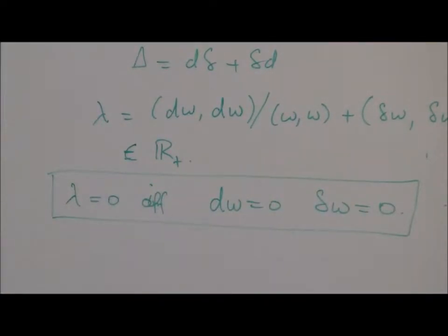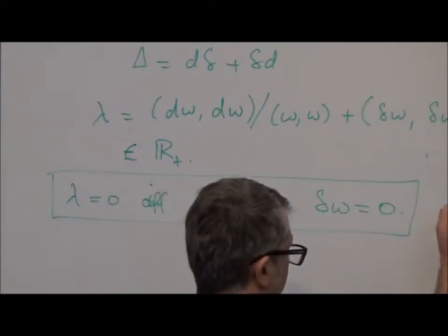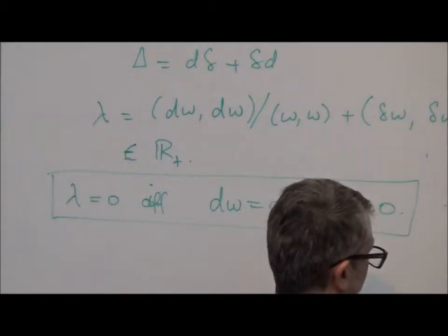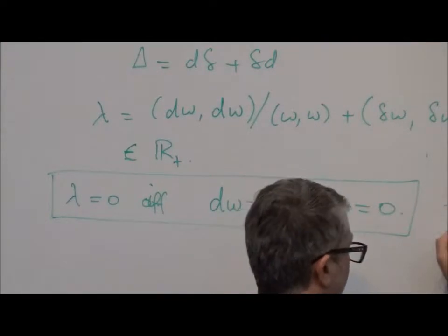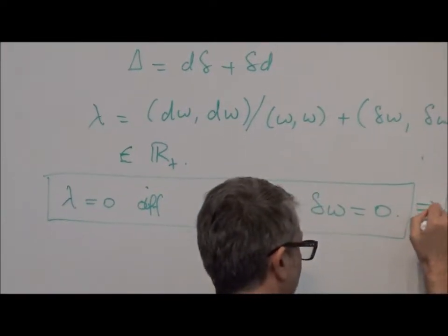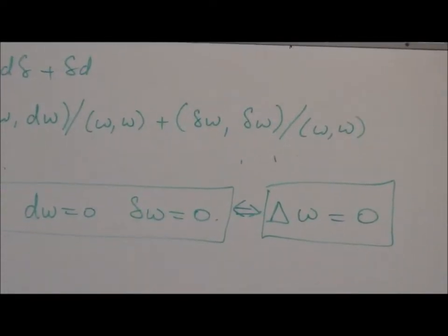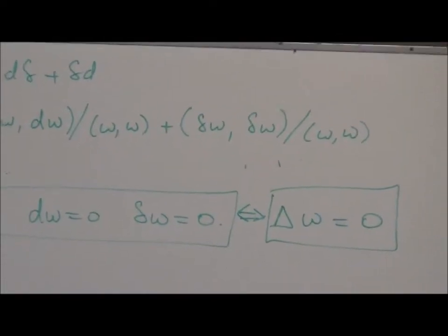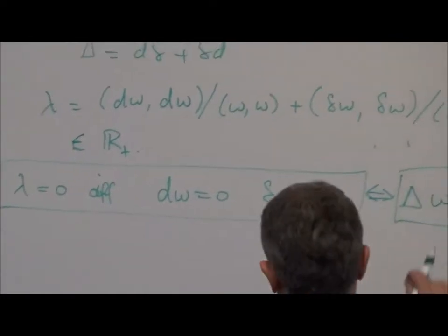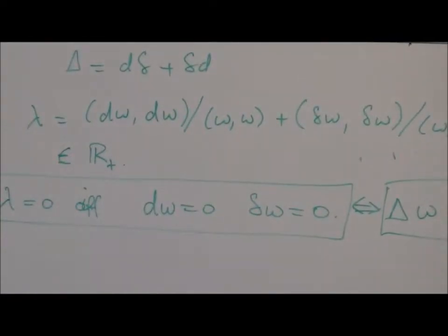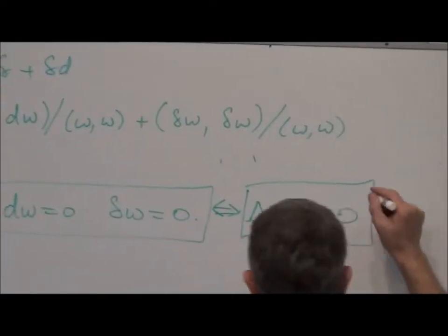And for lambda equals 0, what we're saying is that d omega equals 0 and delta omega equals 0. So we have that. Forms which, these are special, and I'll give you an indication straight away of why they're special. These are called harmonic forms.